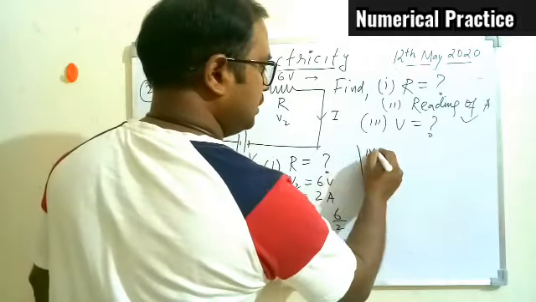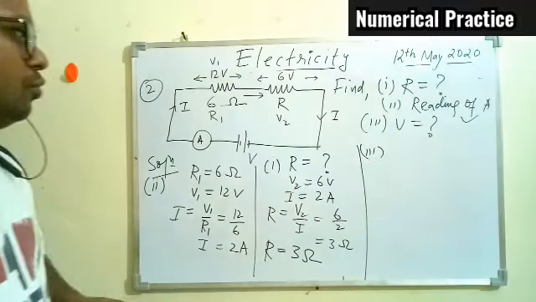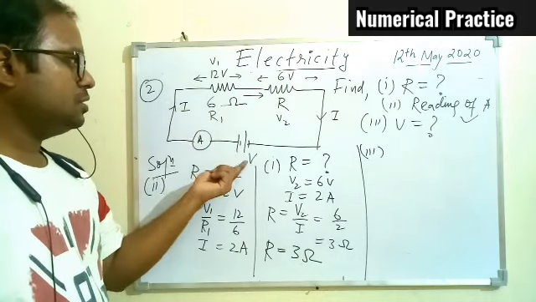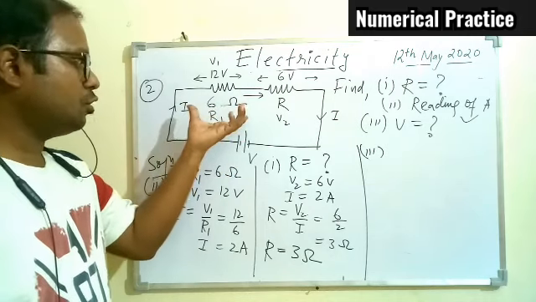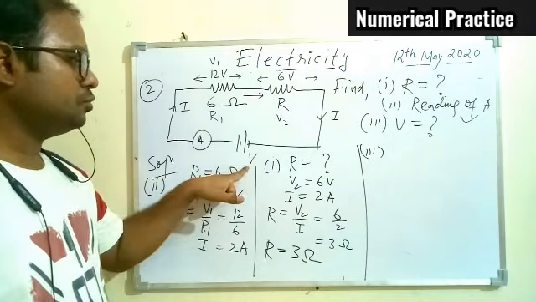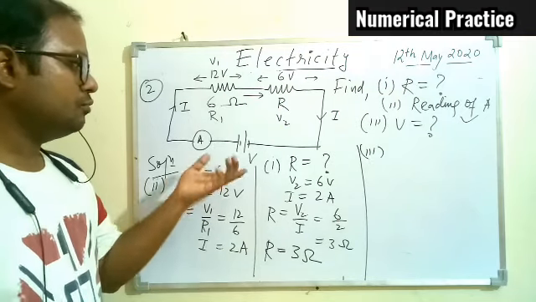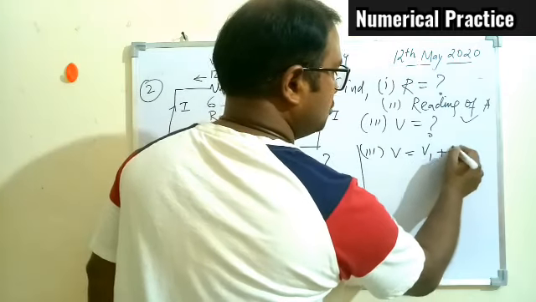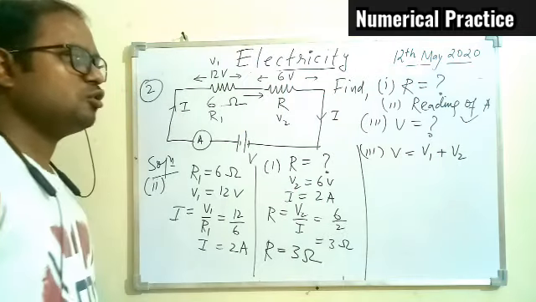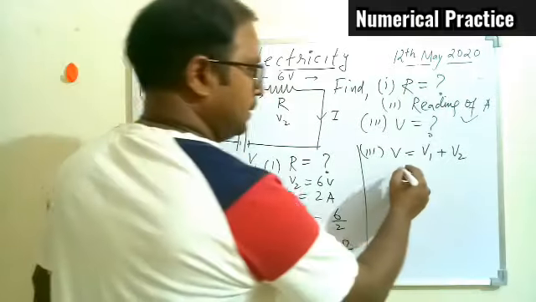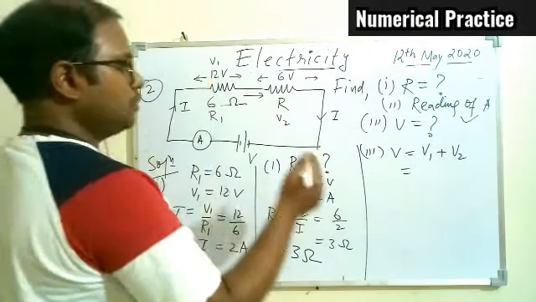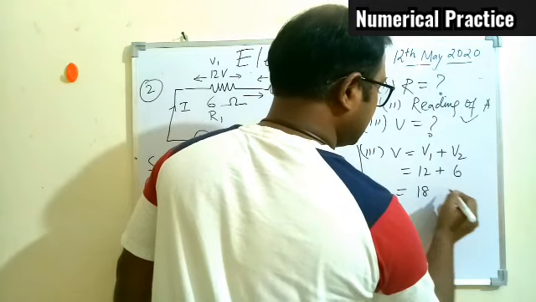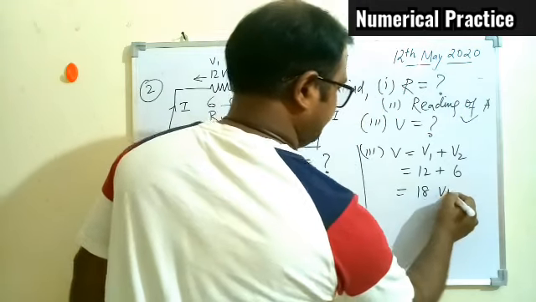And number 3, we know that in a series combination the sum of the potential drops across each resistor will be equal to the voltage of the battery. So V will be equal to V1 plus V2. We will not go for any long calculation, because V1 is given as 12 volt and V2 is given as 6, so 12 plus 6, 18 volt.